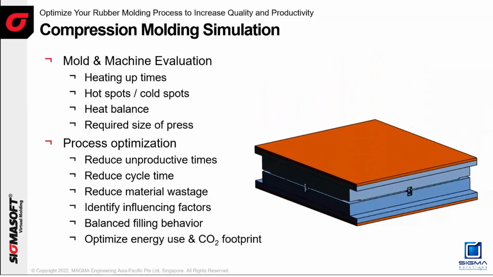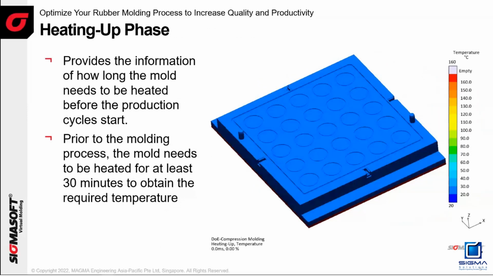As I mentioned, what is the heating up phase? Before we start any production, we set up the mold in the machine and start to heat up. But how long do we need to heat up? That's a question mark. Normally we heat up for 1 hour or 30 minutes, something like that.